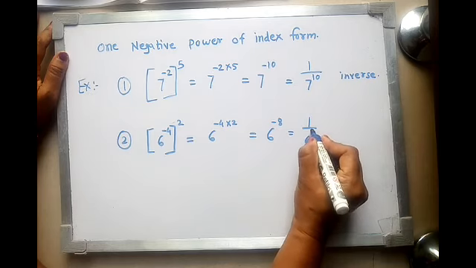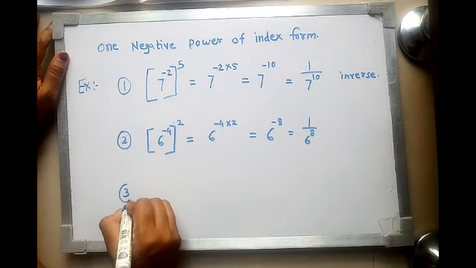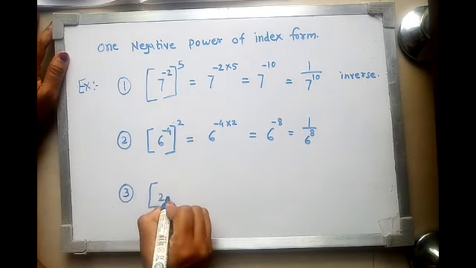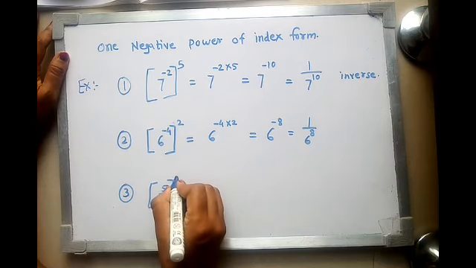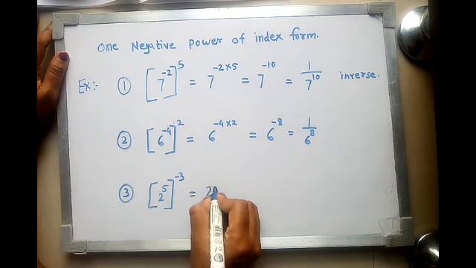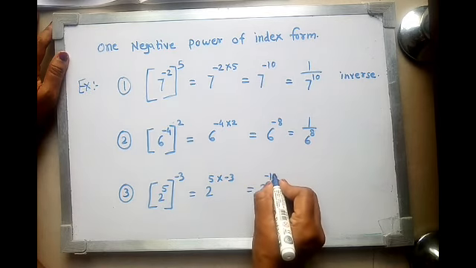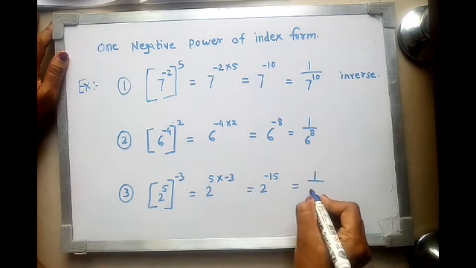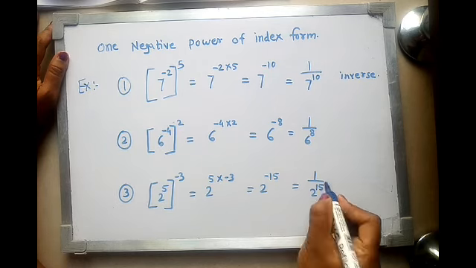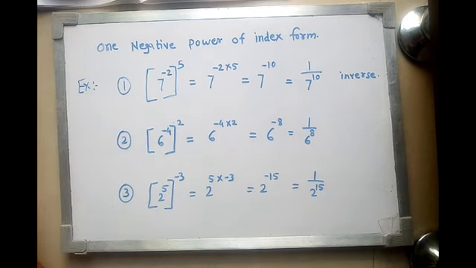This is converted into multiplicative inverse form, 1 upon 6 raised to 8. Third example, (2 raised to 5) raised to minus 3. 5 into minus 3 is minus 15. Multiplicative inverse, 1 upon 2 raised to 15.